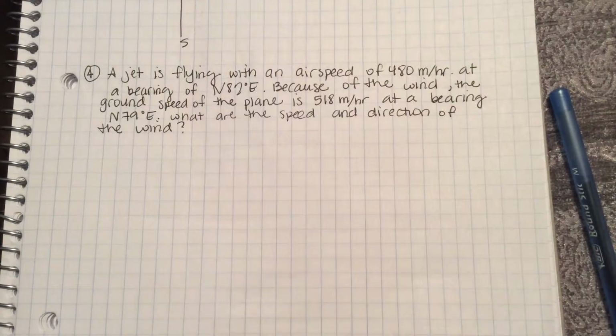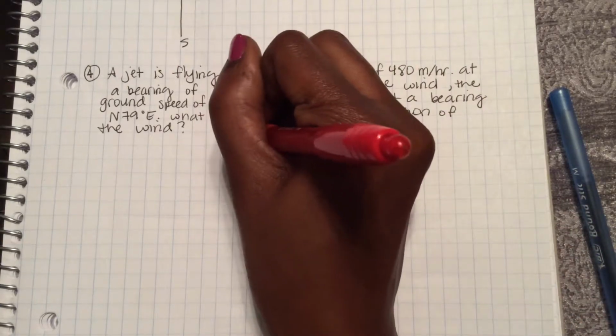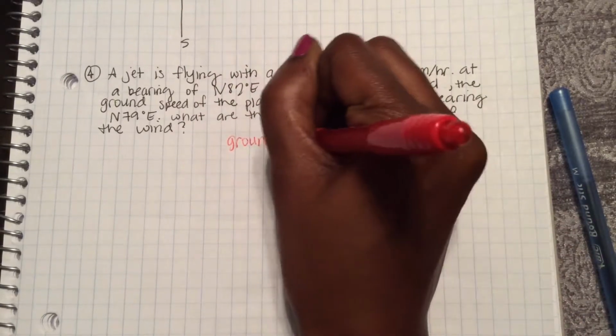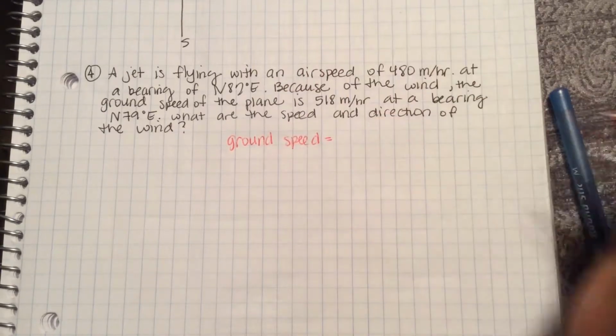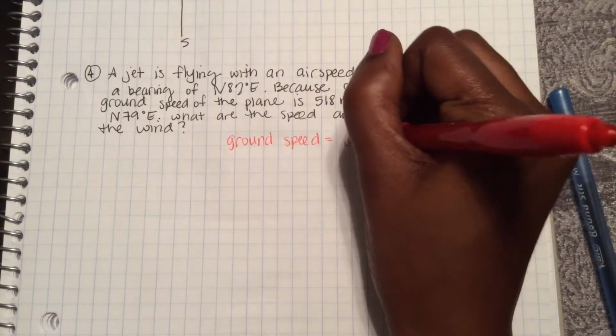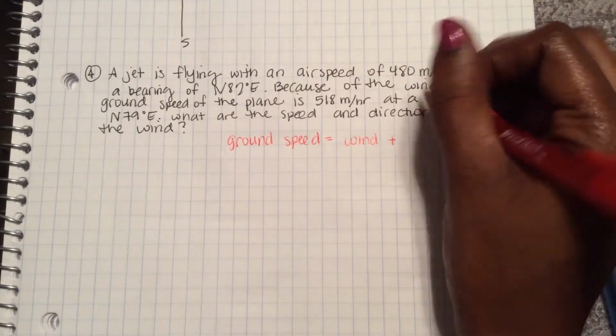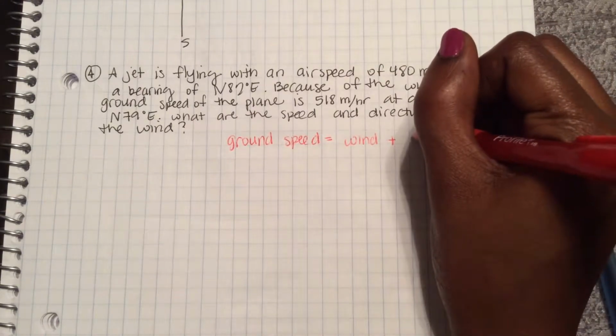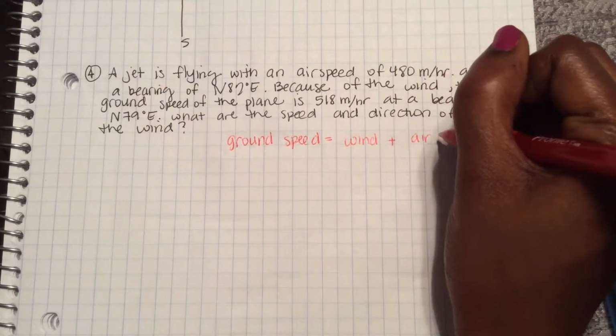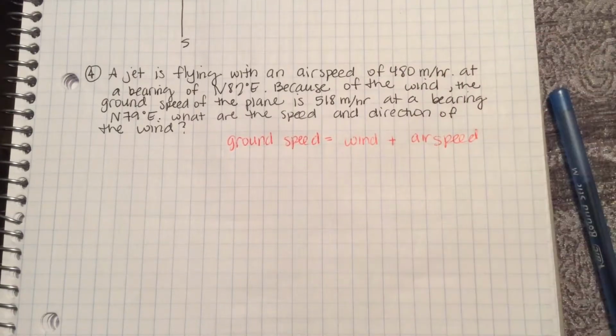So the ultimate conceptual piece to this problem is we know our ground speed vector is going to equal our wind speed vector plus our air speed, right?